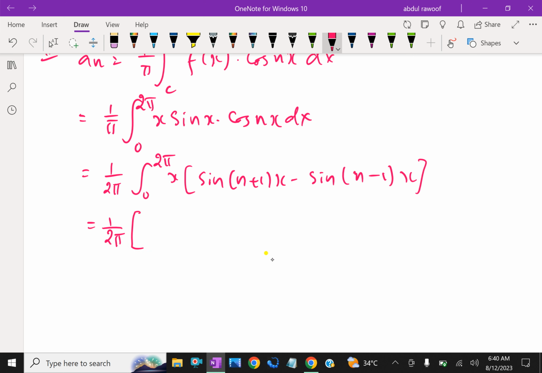Further, 1 by 2 pi. Now we are integrating these separately: first function times integral of second.